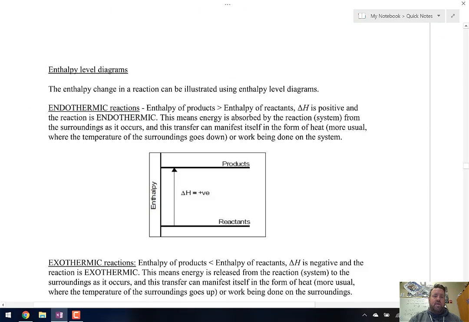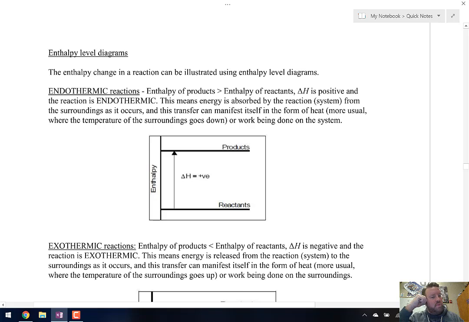All right, now here, this page talks real quickly about enthalpy level diagrams. I like to look at these more in terms of something like this. In this case, this one's actually an endothermic one, so let's draw it the correct way. Typically I would see it more like that. Now, this part is true, though.